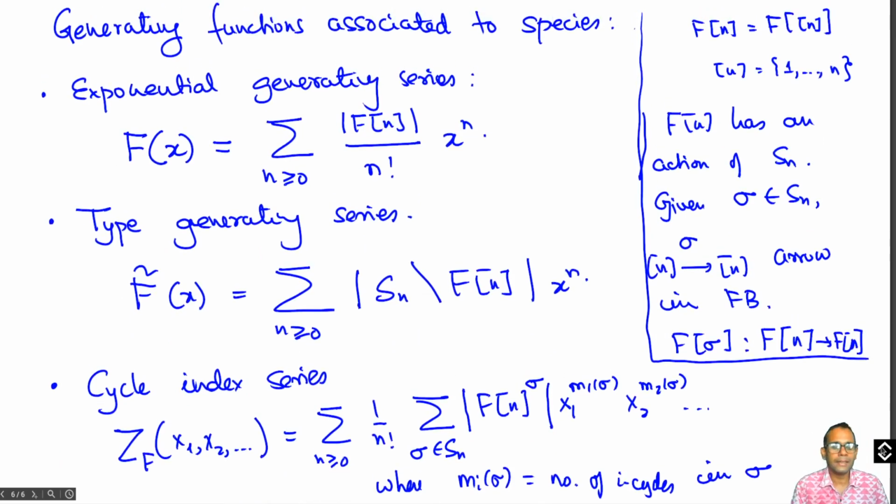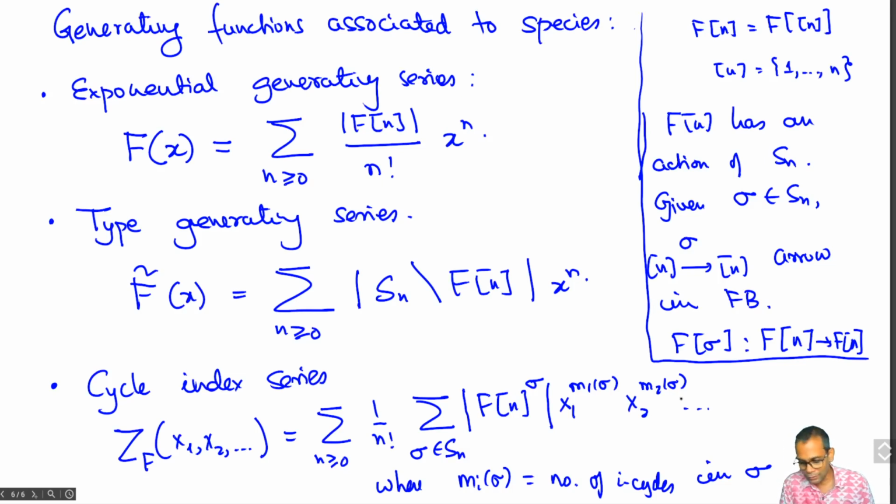So there are three generating functions associated to a species: the exponential generating series, the type generating series, and the cycle index series. The cycle index series is a function in infinitely many variables. Notice that when you take this infinite product, it's really finite, because any permutation sigma is a permutation in Sn for a fixed n, and so mk of sigma will be 0 whenever k is greater than n.